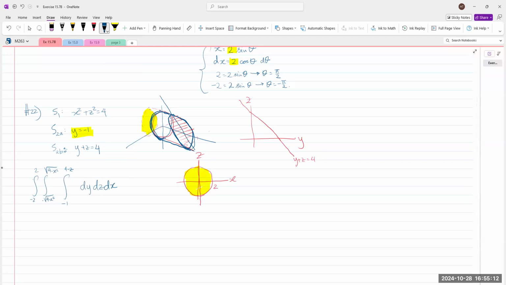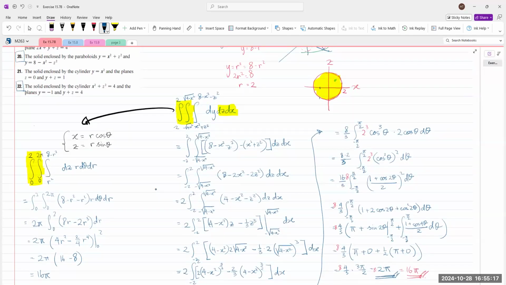That's the volume. I need to write that up there also.